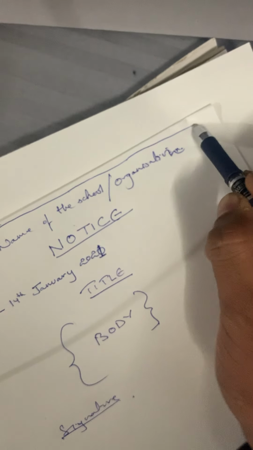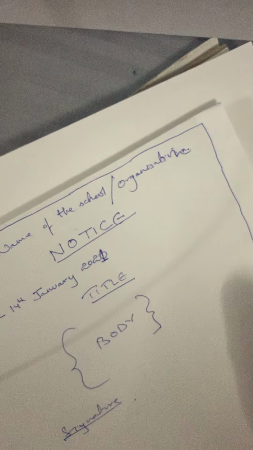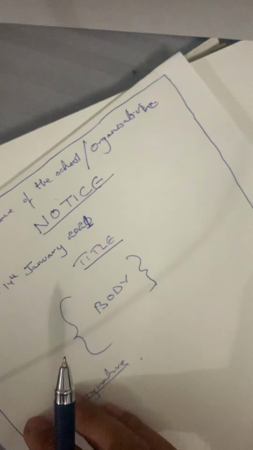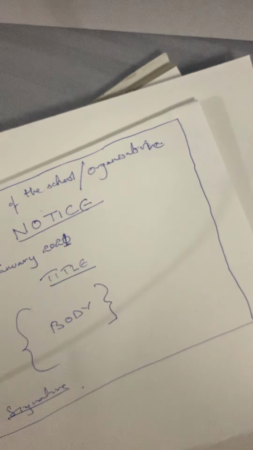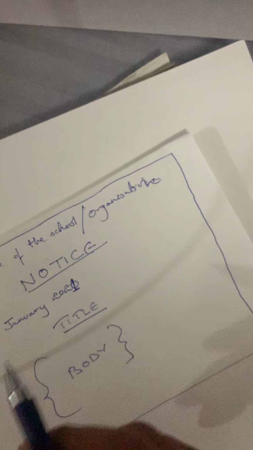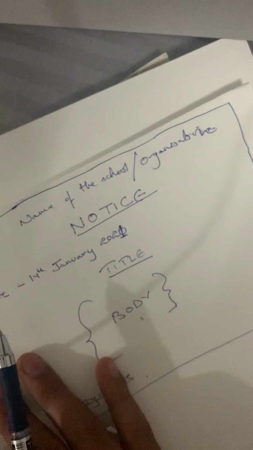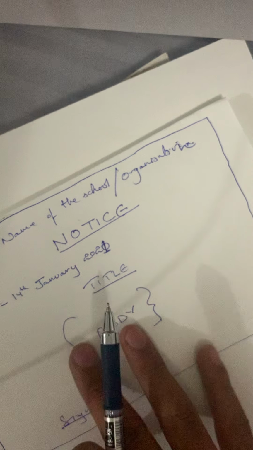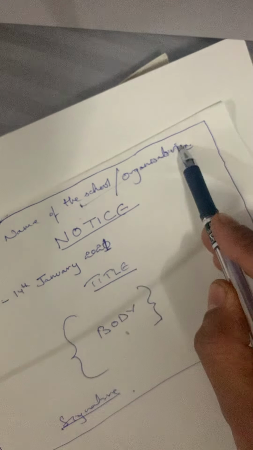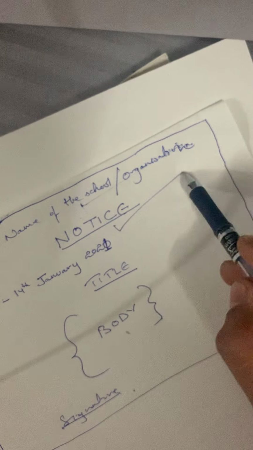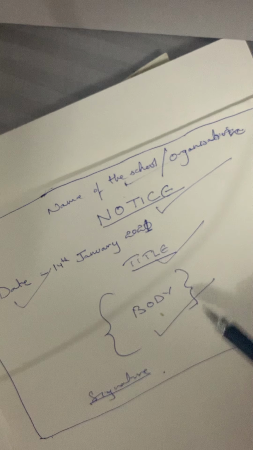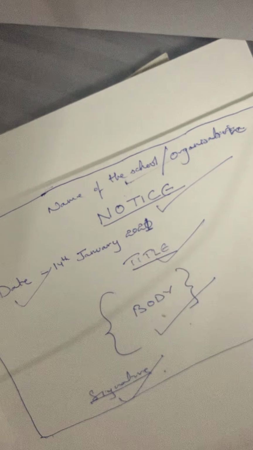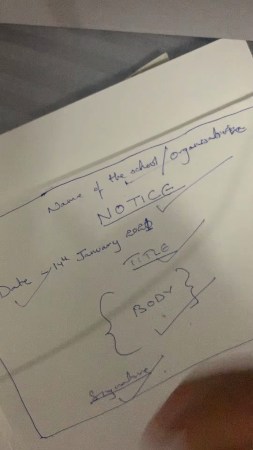I'm just using this as a reference because I'm holding the phone with one hand and keeping it as steady as possible, and then making use of my right hand in multiple levels. So yeah, within a box, name of the school, organization, the word notice, thereafter date, title, body, signature, and that is your complete notice.